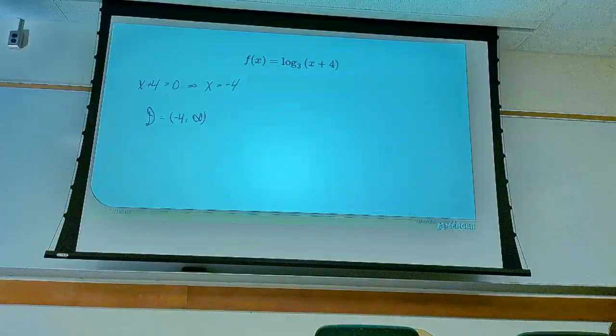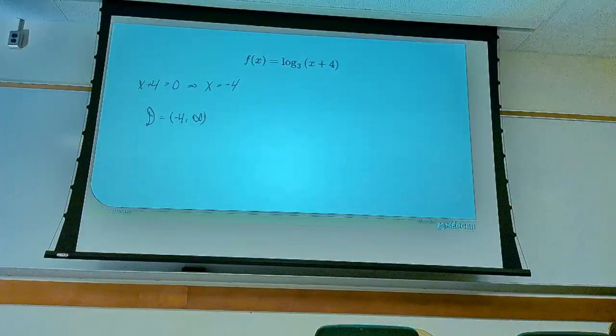If it was 0, the question would be, let's say, log base 3 of 0. 3 to what power is 0? That's what that would say. And there is no power.